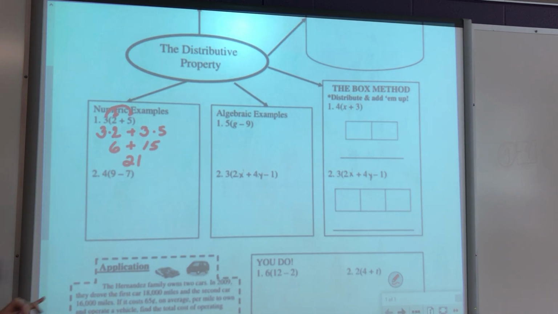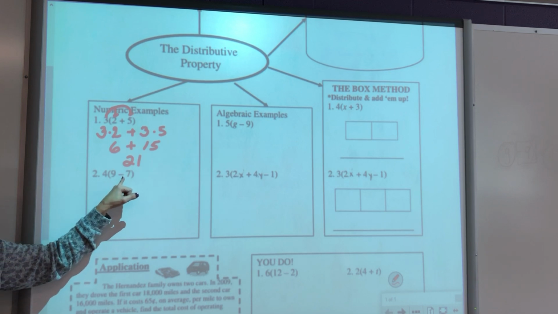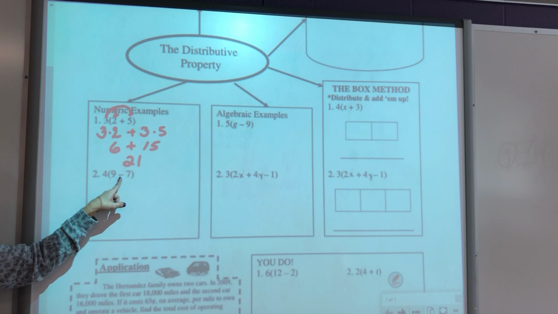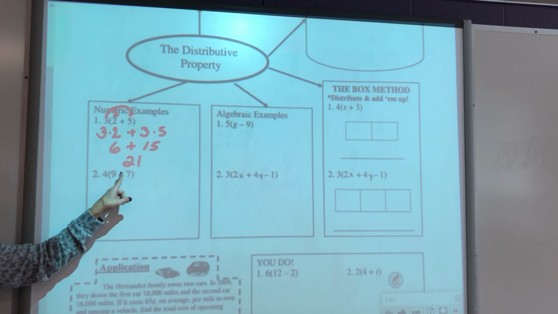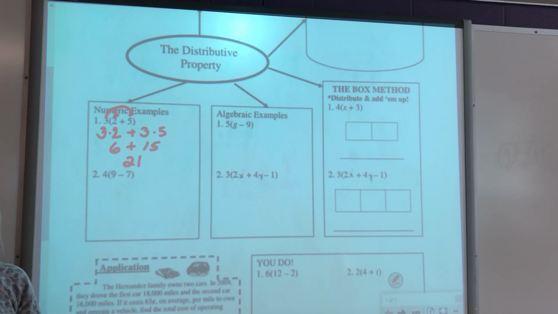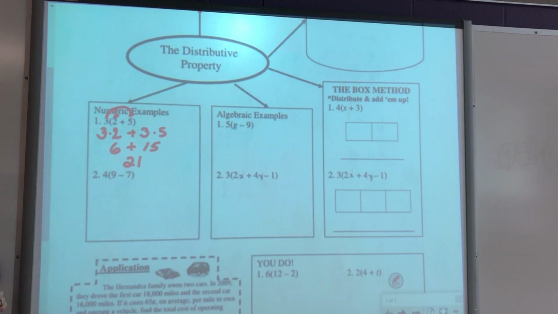Do you think our process is going to change for number 2 because we have subtraction on the inside? No, it's not. But instead of subtraction, what do we classify 7 as? Negative. Very good. So remember, the sign goes with the number. When I was looking through your assessments from Friday, I noticed that some of you missed the signs. Okay, so make sure that you always keep that sign with the number.